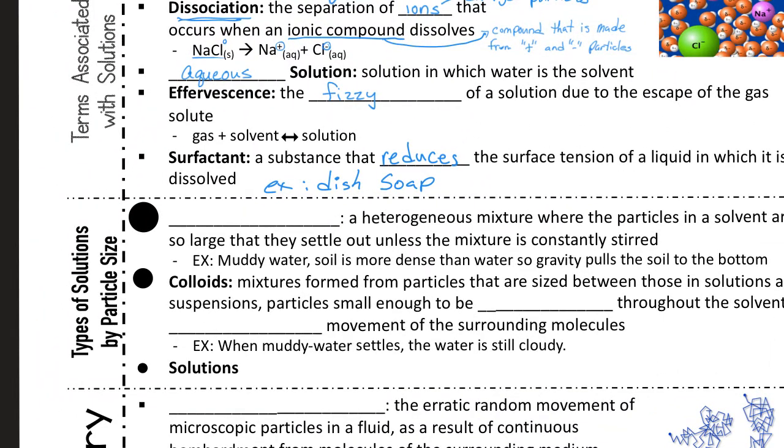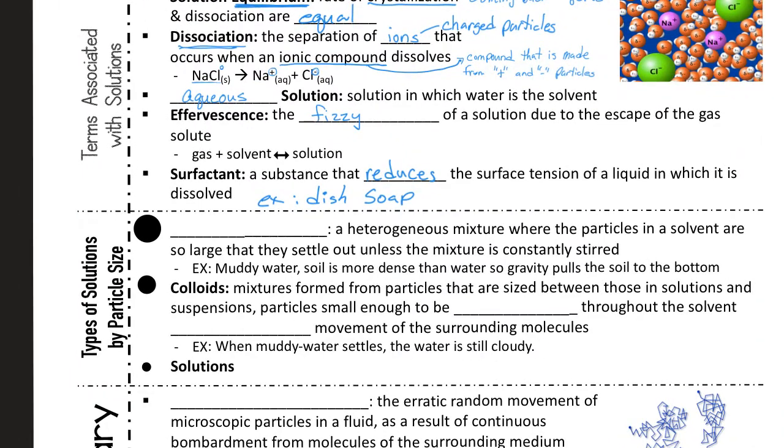The next, more vocabulary words. A heterogeneous mixture where particles in solvent are so large that they settle out is called a suspension. Muddy water is a great example. The soil is more dense than water, so gravity is going to pull the soil to the bottom. A colloid is a mixture formed from particles that are sized in between those of solutions and suspensions.